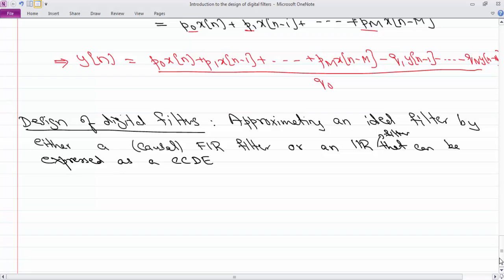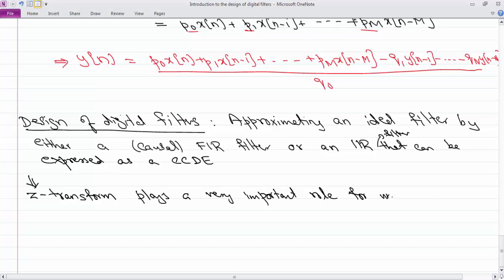But even for the FIR filter, as we will see, in both these cases, the Z transform plays a very important role for understanding the behavior of filters.